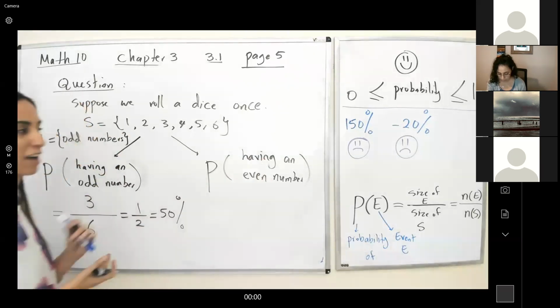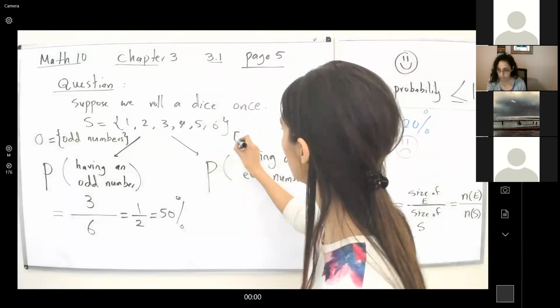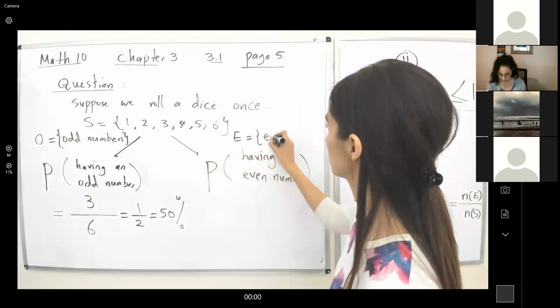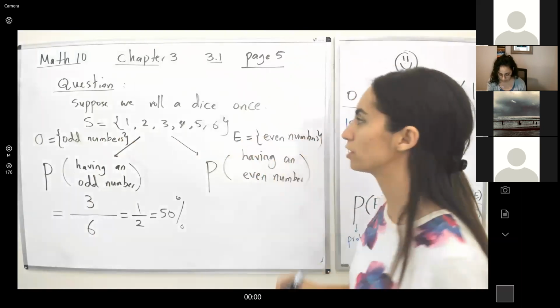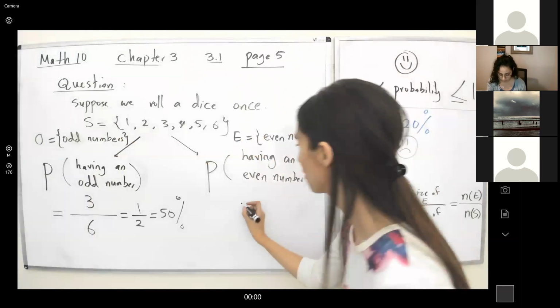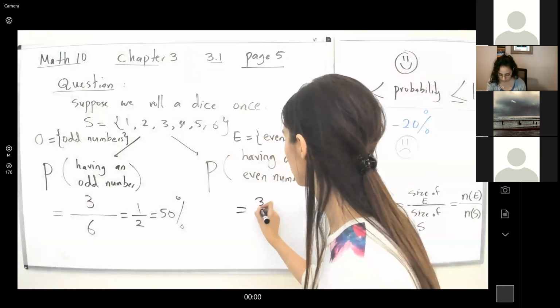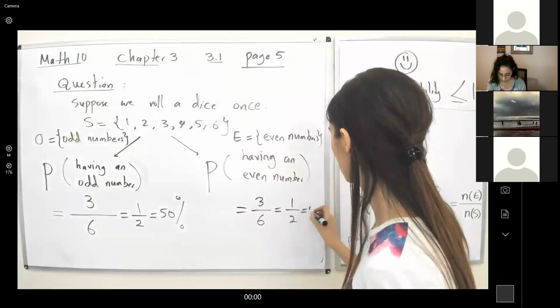The probability of having an even number: how many even numbers? 2, 4, and 6. Again, 3. Excellent. 3 divided by 6, which is a half, or 50%.